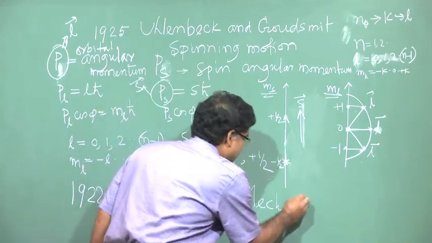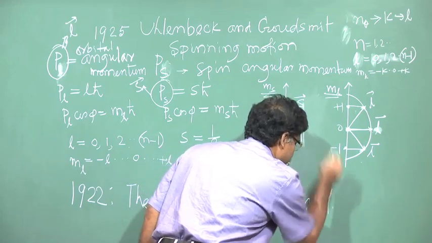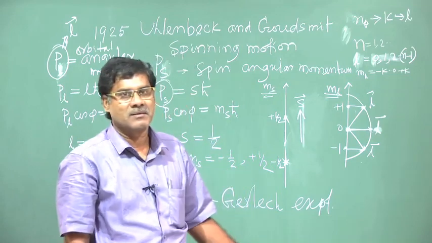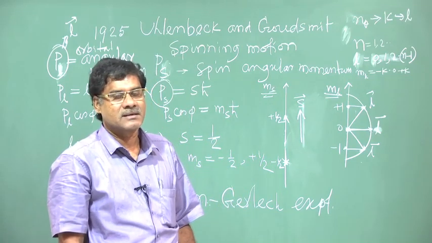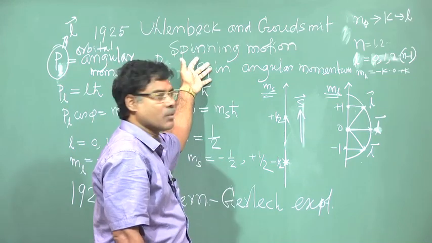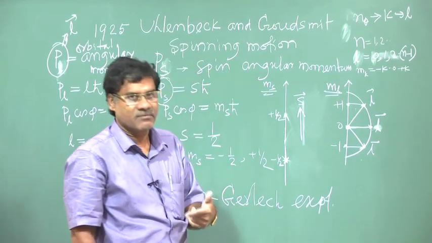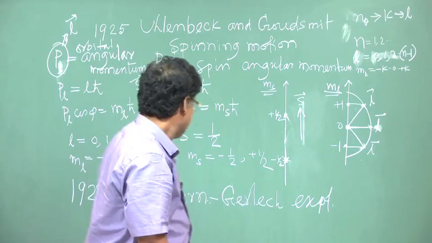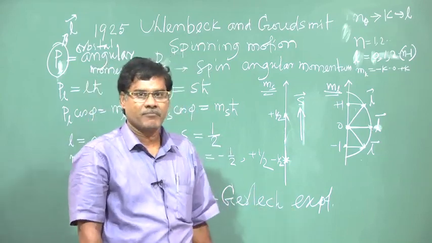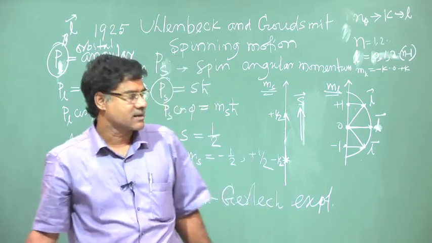Stern-Gerlach experiment, very famous experiment. That experiment confirmed the existence of spin angular momentum, or existence of spin of electrons. Okay. So, let me describe this experiment briefly. This is a very nice and easy experiment.